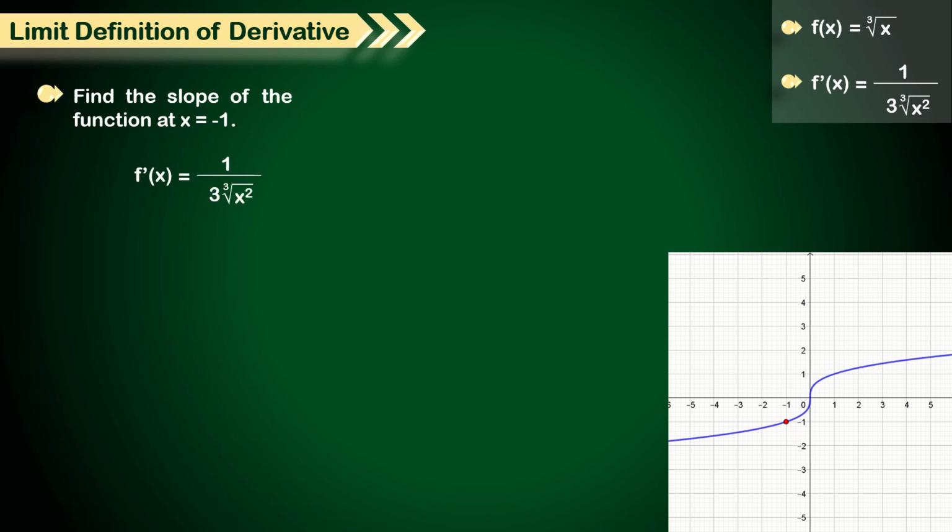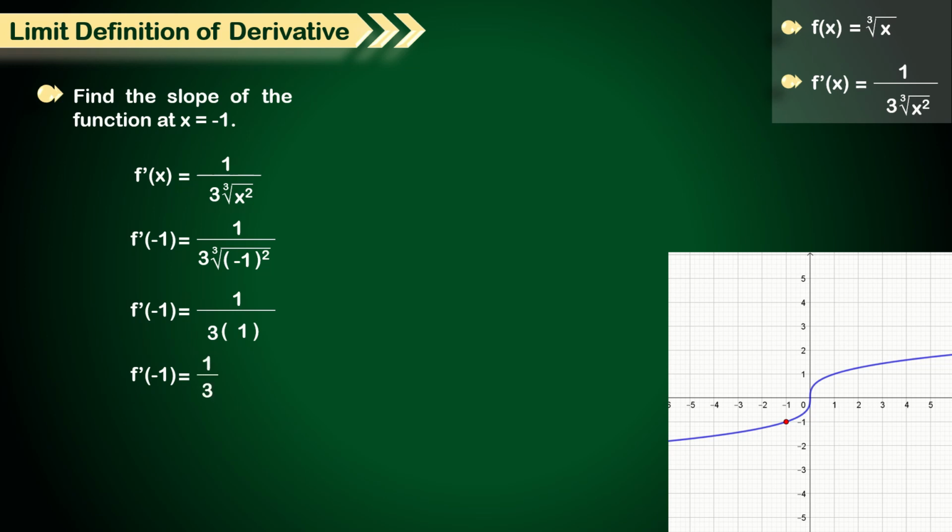We have f prime of -1 is equal to 1 over 3 cube root of square of -1. It is equal to 1 over 3 times the cube root of square of -1, which is equal to 1. Simplify. The slope of the curve at a specific point is 1/3.